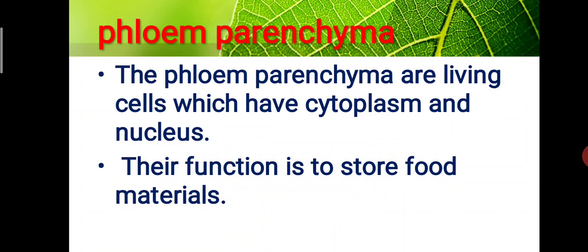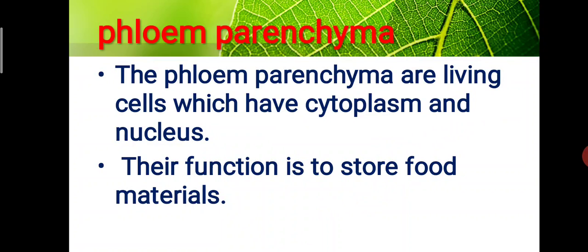Okay. Next we are moving on to phloem parenchyma. The phloem parenchyma are living cells which have cytoplasm and nucleus. Their function is to store food materials. So what is the function of phloem parenchyma here? Their main function is to store the food materials. In xylem parenchyma, they will store starch and fatty substances.